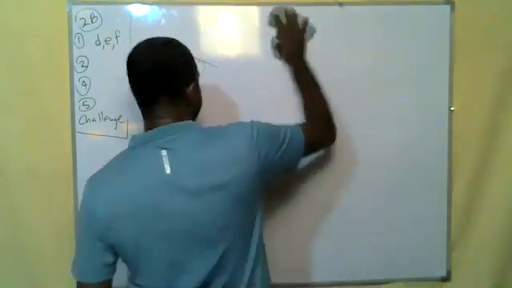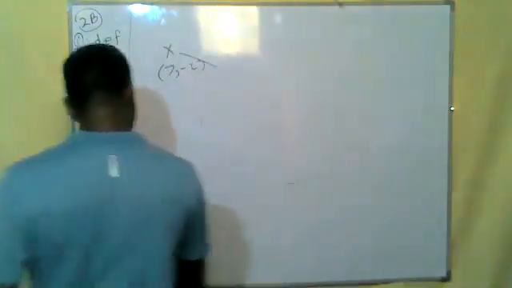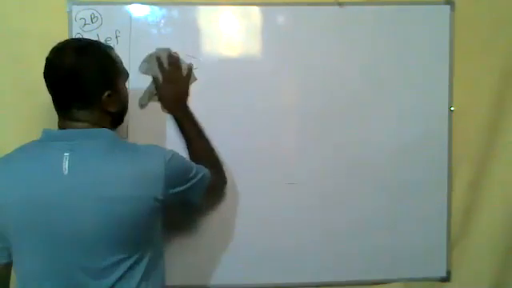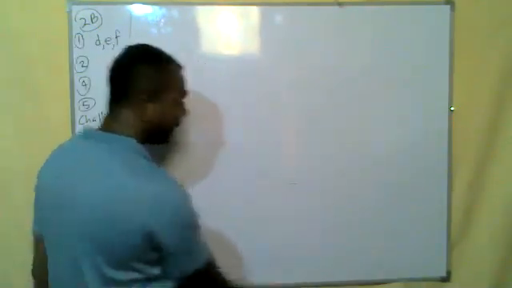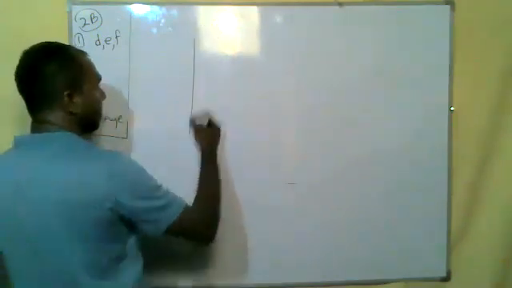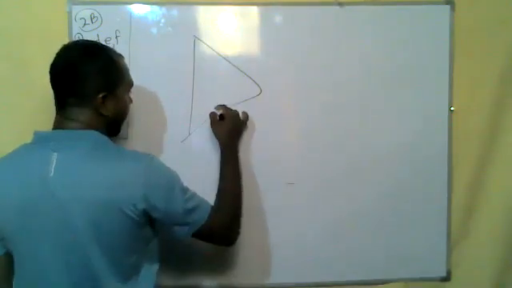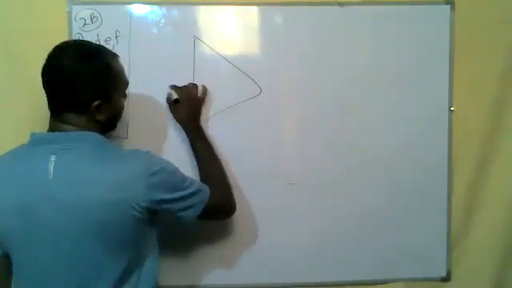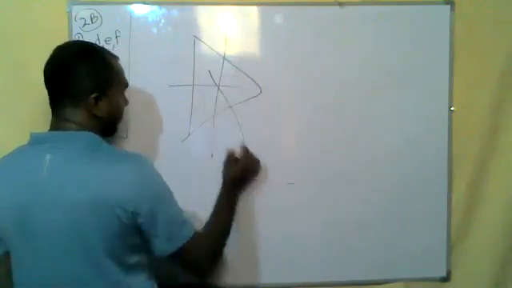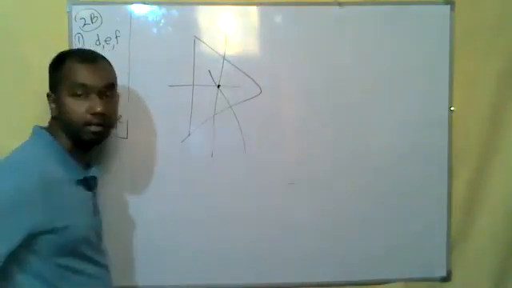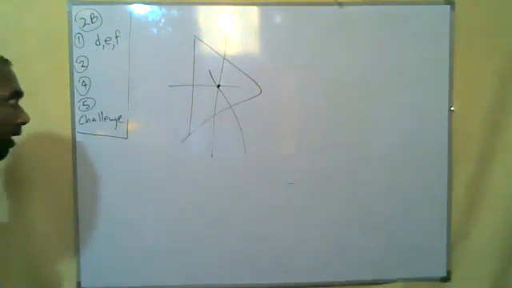Okay, challenge. I think you can do it yourself. They are giving 3 points, no? A triangle. You can find the perpendicular bisectors doing the same thing 3 times, no? And they are saying show that all those 3 perpendicular bisectors intersect at one point. How to do that?